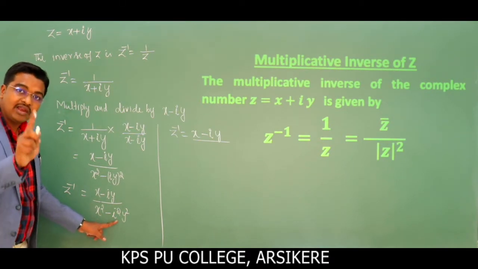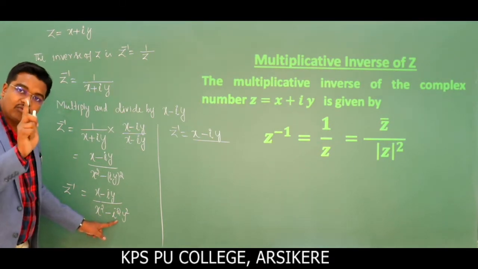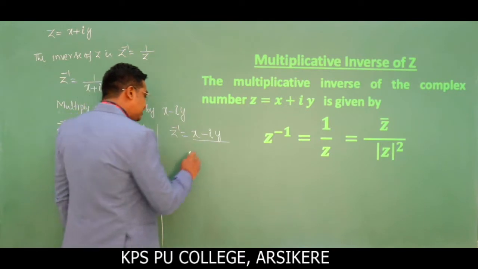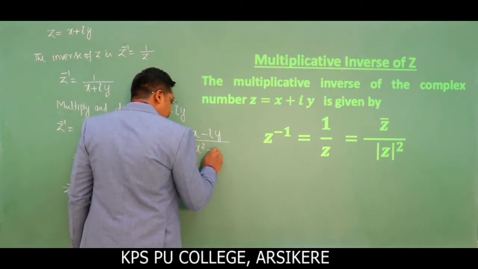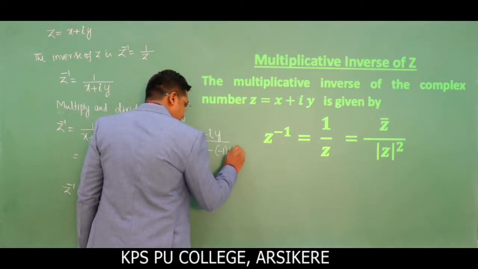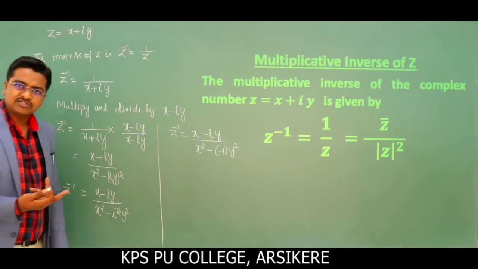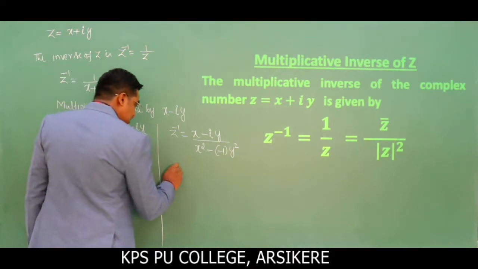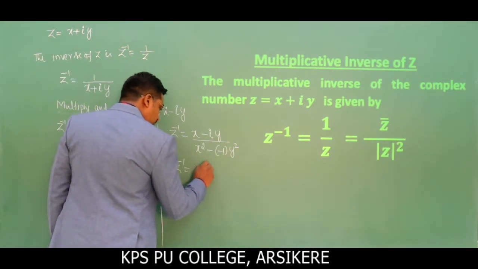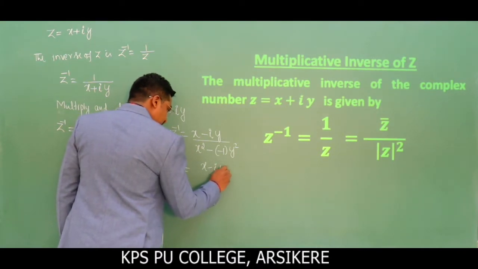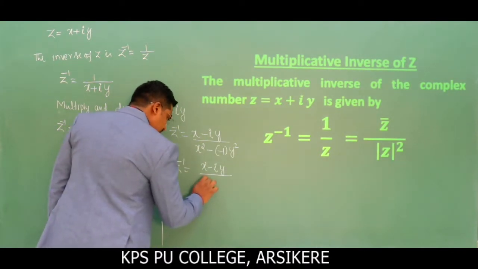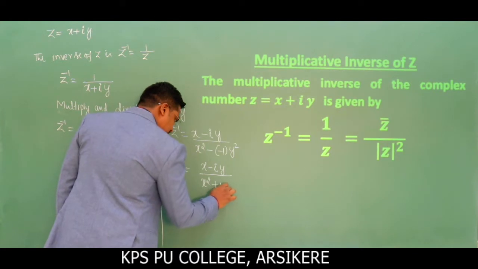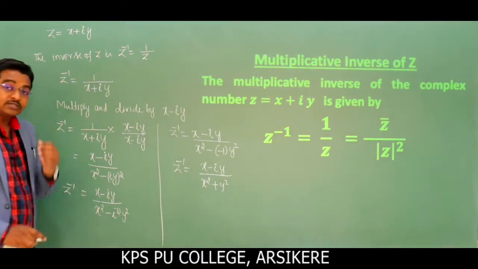Now tell me what is the value of i square? Very good, the value is minus 1. So this becomes x square minus of minus 1 of y square. Minus into minus obviously becomes plus. So z inverse is equal to x minus iy whole divided by x square plus y square.